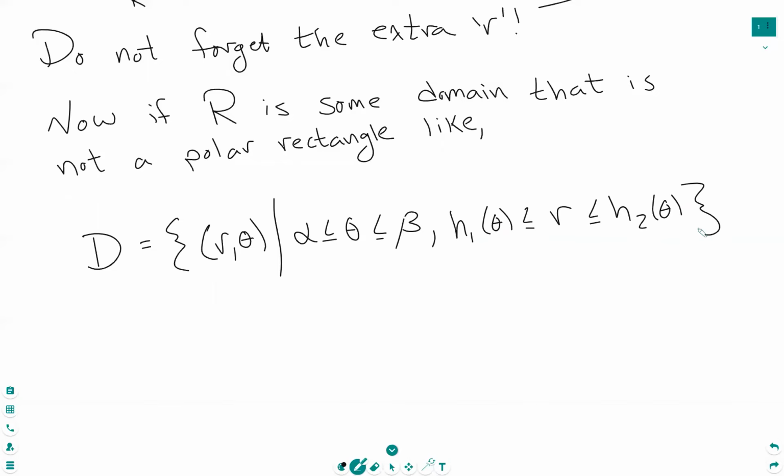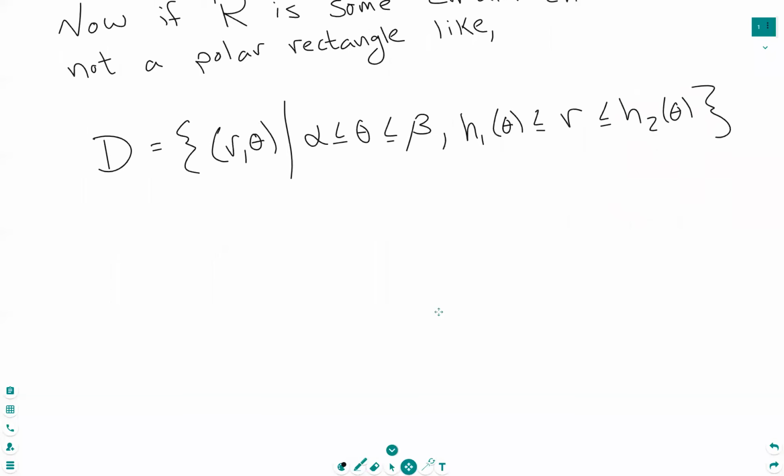So this is very similar to what we discussed yesterday, right? So if we have a generic region, it's not a rectangle, but one of the variables can be bounded by functions of the other, then we can write this pretty nicely.